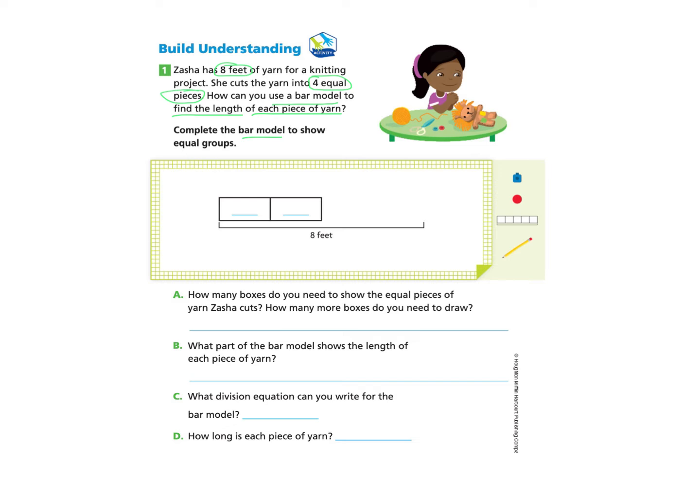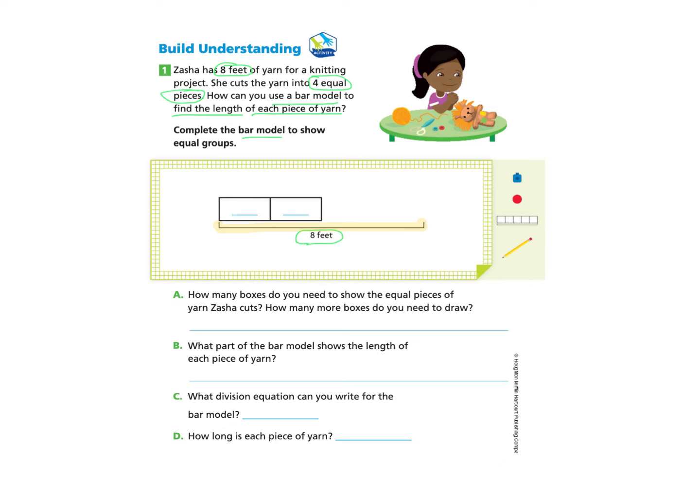They put the total number of yarn here, 8 feet, and they use this bracket to demonstrate that this is all of the 8 feet. Now let's take a look at part A. How many boxes do you need to show the equal pieces of yarn Sasha cuts?